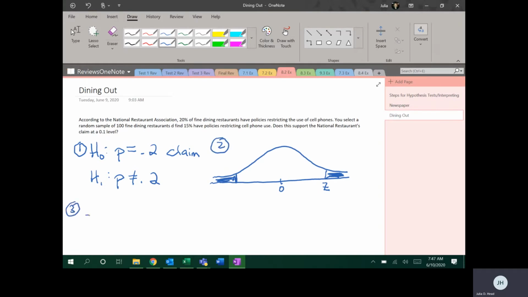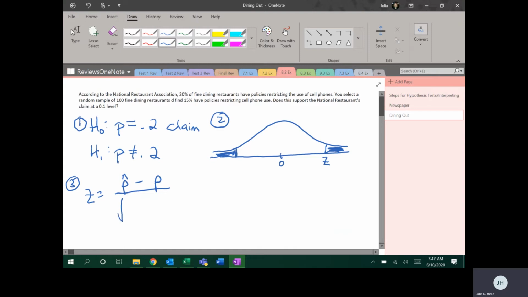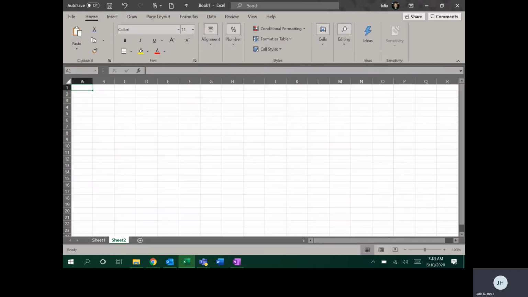So for step 3, we have Z equals P hat minus P divided by the square root of PQ over N. So P hat, we talked about earlier, comes from the sample, it's 0.15, minus the P comes from the hypotheses. And the sample size in this case was 100. So let's calculate that.